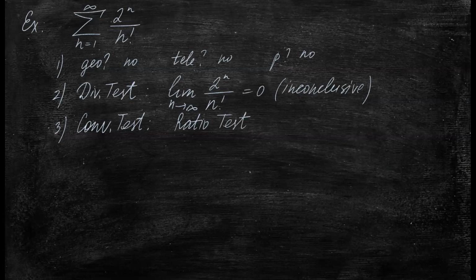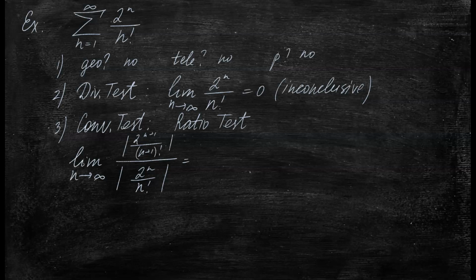In the ratio test, we set up the limit as n goes to infinity of the n plus 1 term in the numerator and the nth term in the denominator. Everything is positive, so we don't need the absolute value. Let's write it as a single fraction.